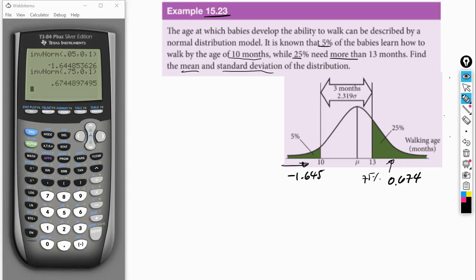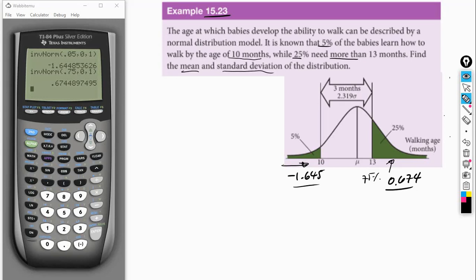Okay, so there are several ways to do this, but notice that this period of 3 months difference corresponds to the difference between these two z-scores, right? Remember that the z-score represents the number of standard deviations from the mean.